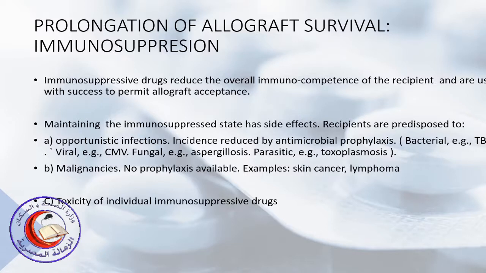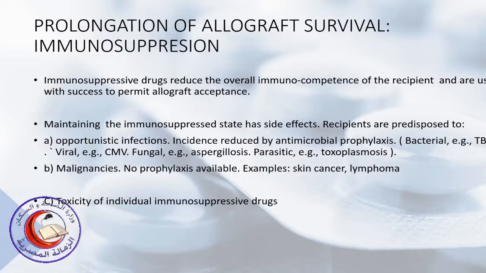In addition, they can also increase the rate of post-transplant malignancies, mainly skin cancer, lymphoma, Kaposi sarcoma. The incidence is 5 times higher in post-transplant patients than in the general population.